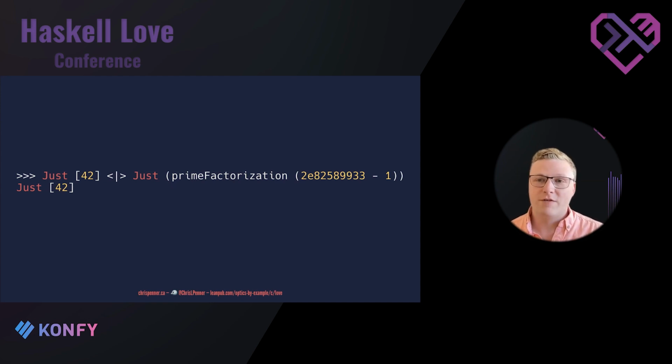It's because if I were to write an expression like this in other languages, right, it would have to probably evaluate both of the arguments to this combinator before it actually checks whether either of them have succeeded or failed, and that's very inefficient. However, in Haskell, what this will do is it will look at the left-hand value first there, it'll see that it's a success, and it'll just return it immediately. And we don't end up evaluating this thunk on the right, where we prime factor some very, very, very large prime number, and it gets expensive, and it takes forever.